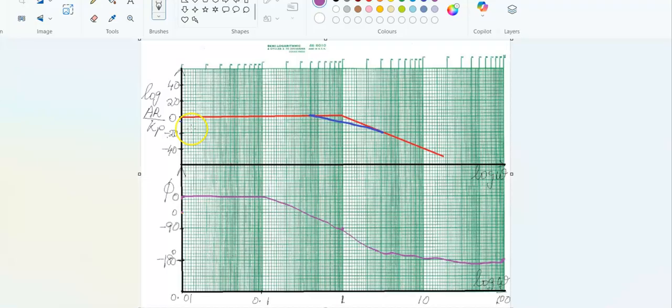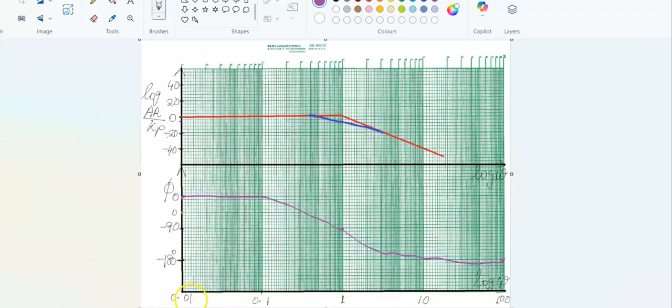Next is how we can plot the magnitude diagram. First condition, when omega tending to 0, the AR by Kp value we are getting is 0 decibel. So you can draw a straight line at 0 decibel when omega tending to 0. Here you cannot find 0. You can find only the lowest value of omega, which is 0.01.